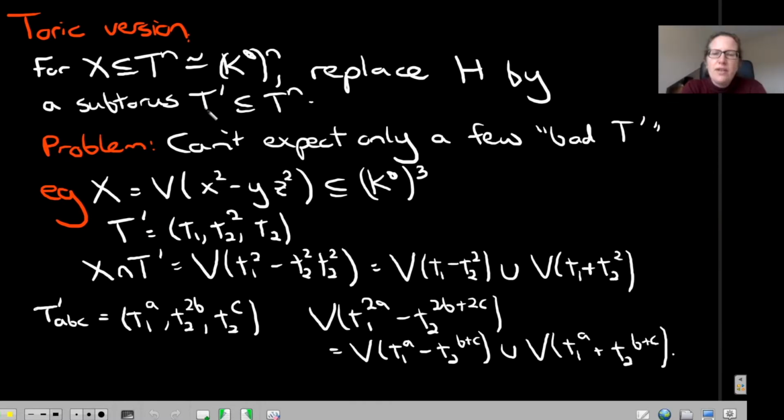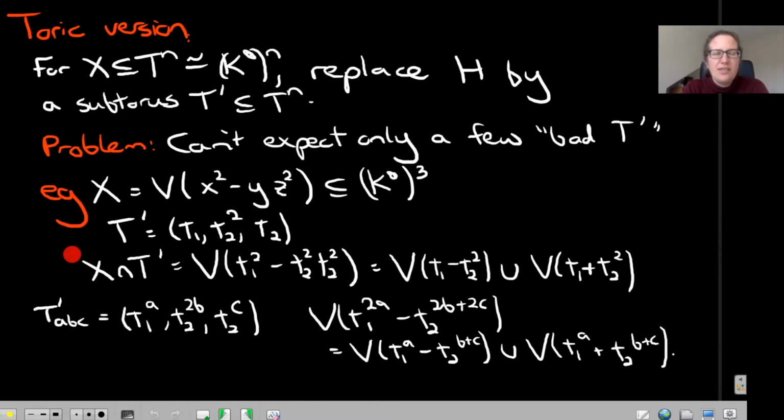The problem is that we can't expect only a few bad subtori. Waving my hands, in the usual Bertini theorem, you expect a general hyperplane to be good. When we start talking about subtori, you already have the problem of what do we mean by general, but we definitely can't expect only a few of them to be bad.